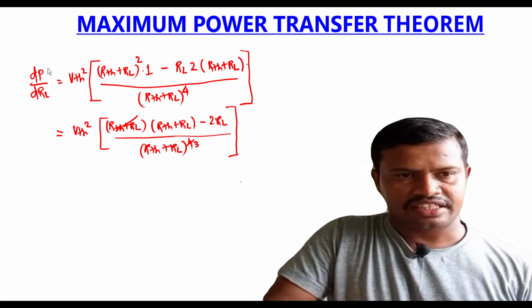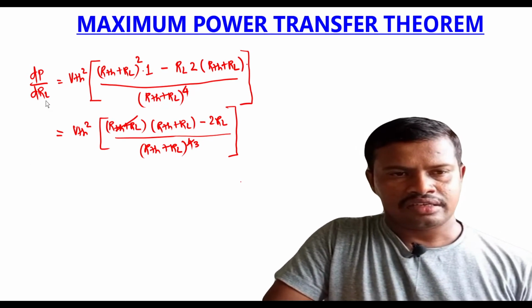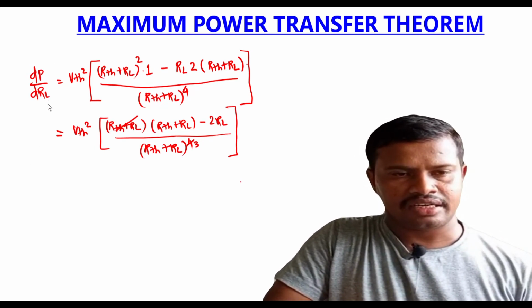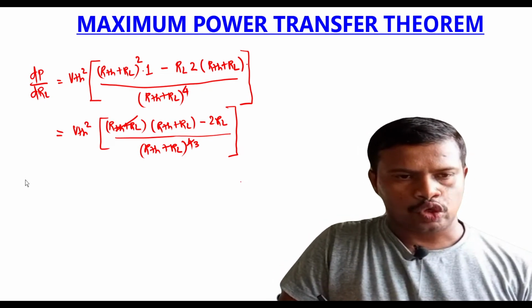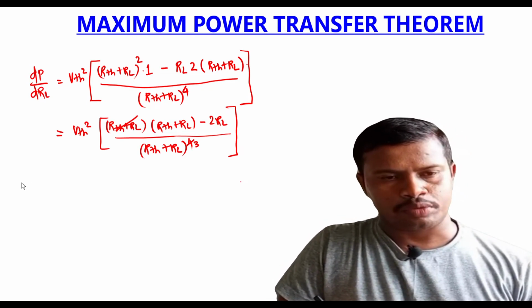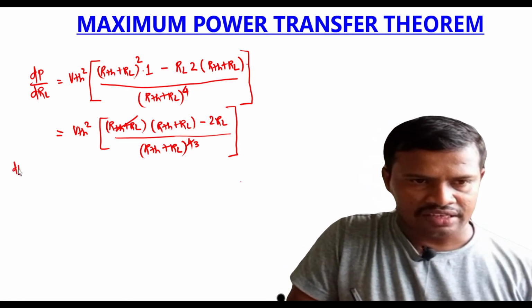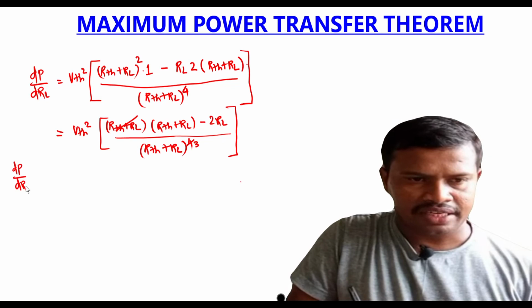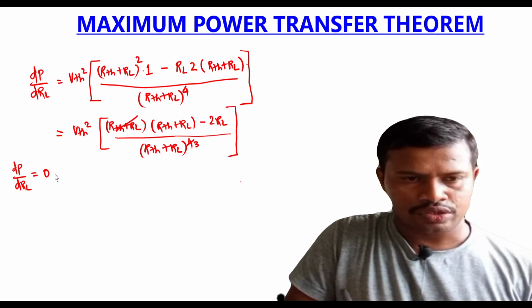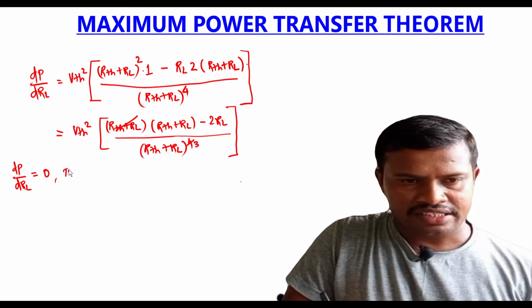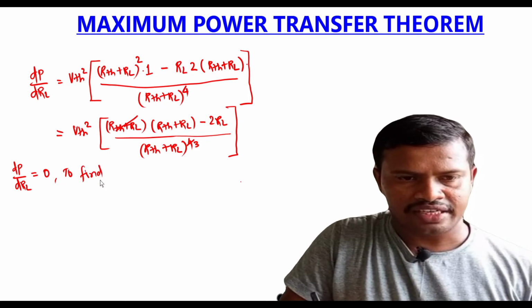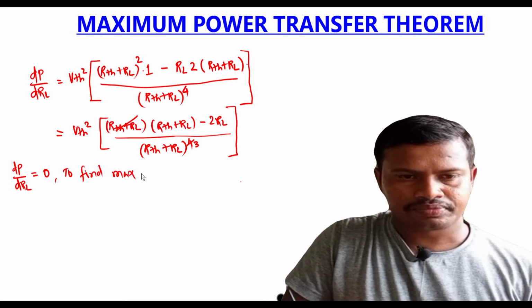As we know that dP by dRL gives the slope. So when we equate the slope equal to 0, we will get the maximum point. So we will apply dP by dRL equal to 0 to find the maximum value.